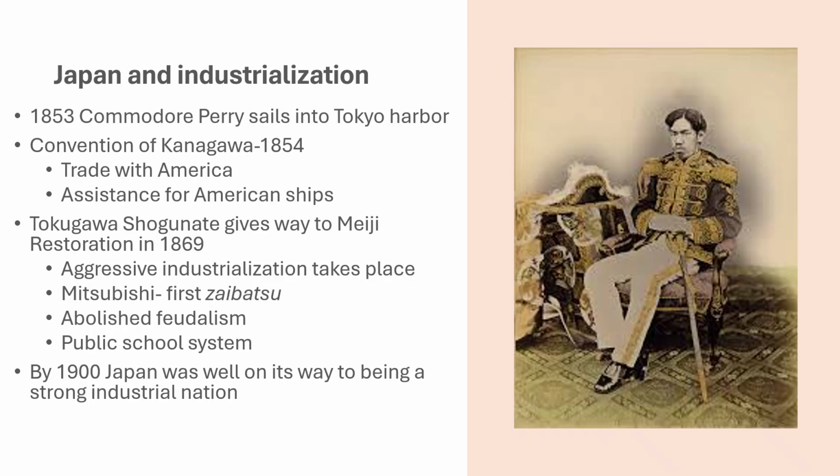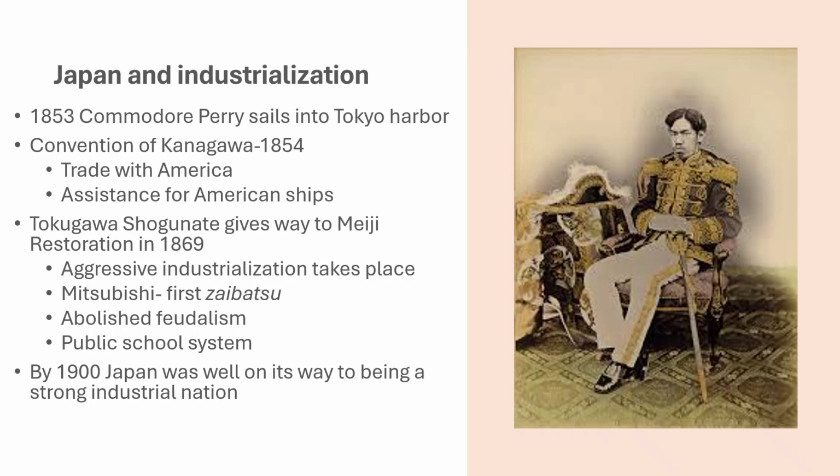So this is obviously a huge shock, but also a very aggressive move by the Americans. In 1854, a convention was concluded between the Americans and the Japanese. This is the Convention of Kanagawa.